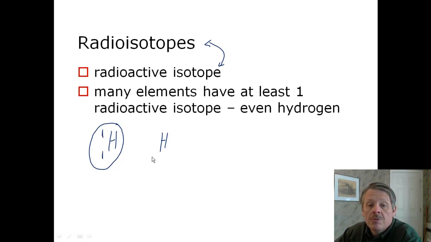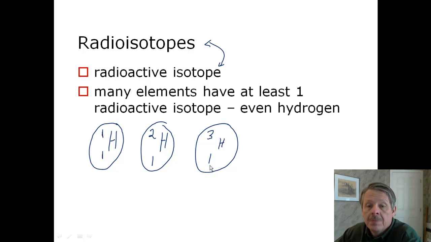But we can also find hydrogen which has, again, one proton, has to have one proton, but it also has a neutron with it. All right, we call this deuterium. And then we can also have hydrogen that has 2 neutrons with it. This is called tritium. And tritium has a half-life of a few years. Actually, it has a half-life of 12.3 years.